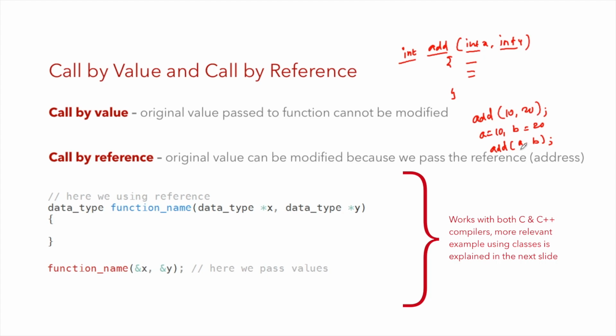When this call is made, a and b retain their original copy, and the value of a will be copied to x and the value of b will be copied to y. So both these variables are maintaining different copies of the same value. When you pass values like this, the method is called call by value.